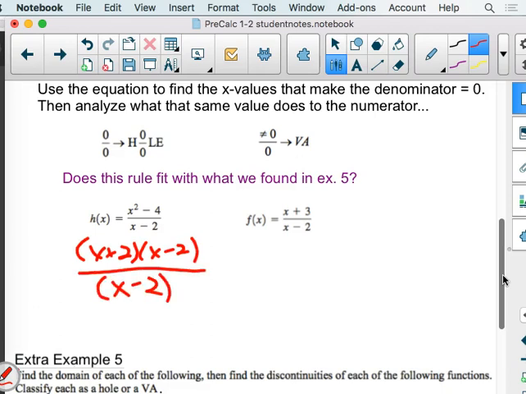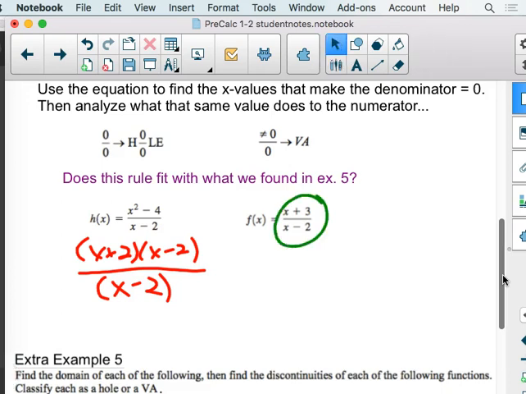It fits because that was a removable hole. That was the last graph that we had over on the right-hand side. While as this one, there is no way to cancel this. You can't do that. So if it's not going to cancel out, it's a vertical asymptote. If it does, it's a hole.